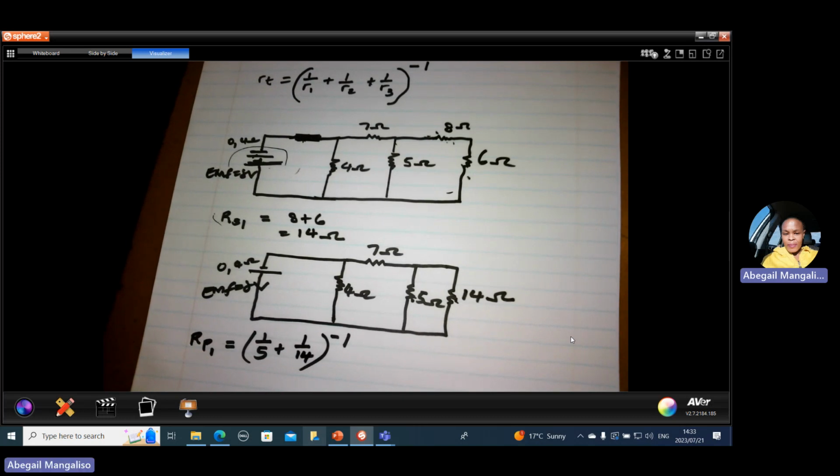When you use the calculator, you insert this on the calculator: 1 divided by 5 plus 1 divided by 14.